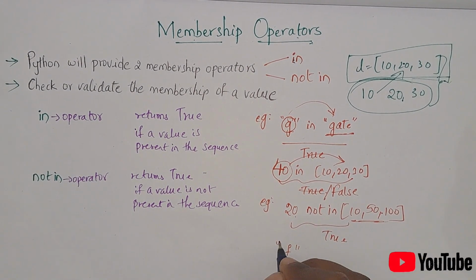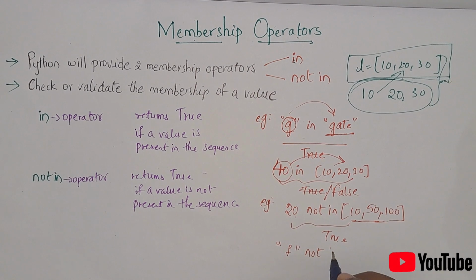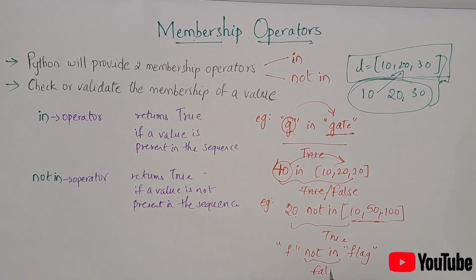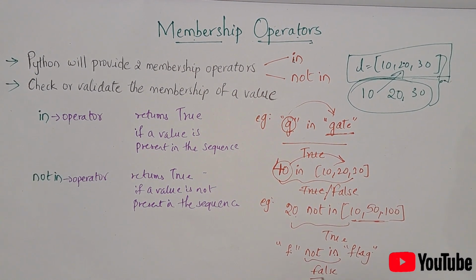If you take a character like F not in flag, this will return false, because F is present in flag, so it produces the result false.